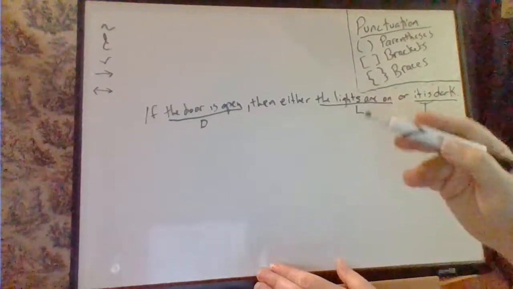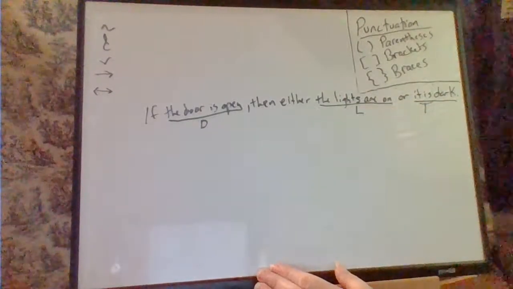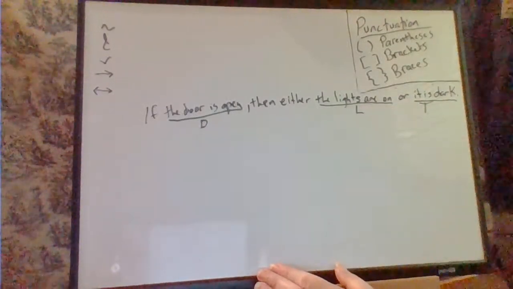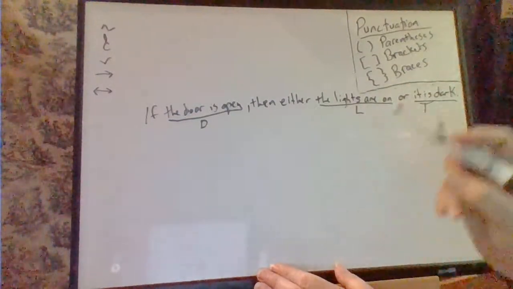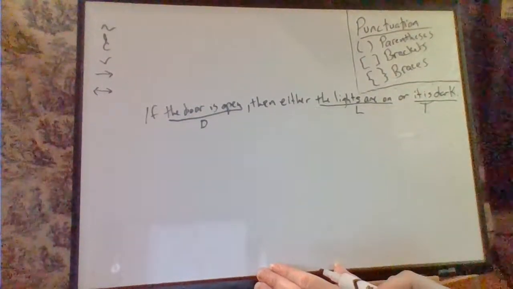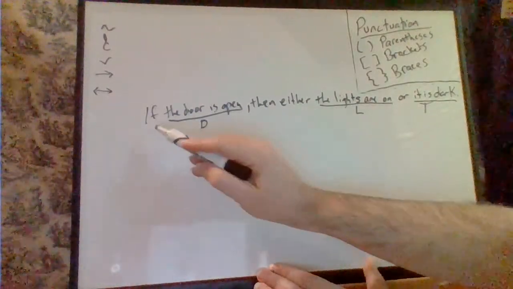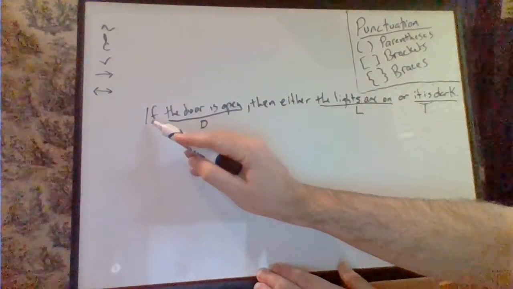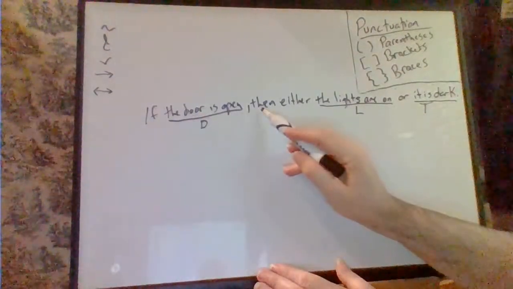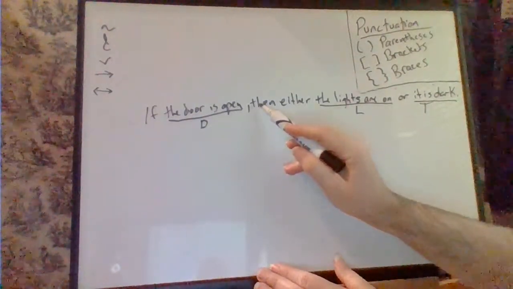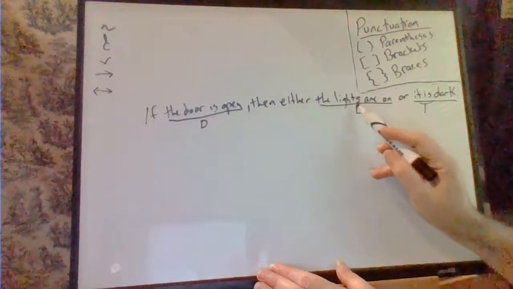Now, we have three things being joined together. Because there are three things, there has to be parentheses somewhere. But where does the parentheses go? Well, remember, we start with if, and if always goes with then. Everything between if and then is the antecedent. Everything after then is the consequent.